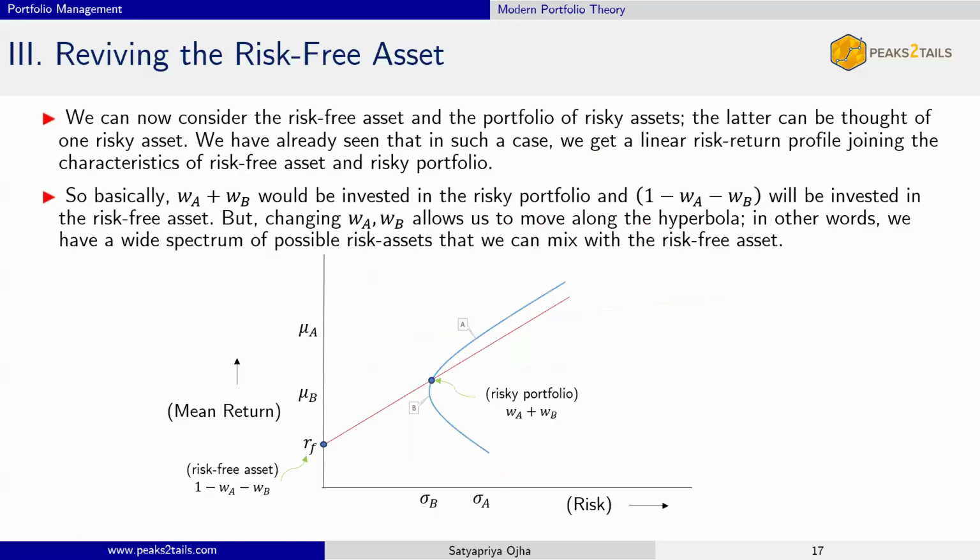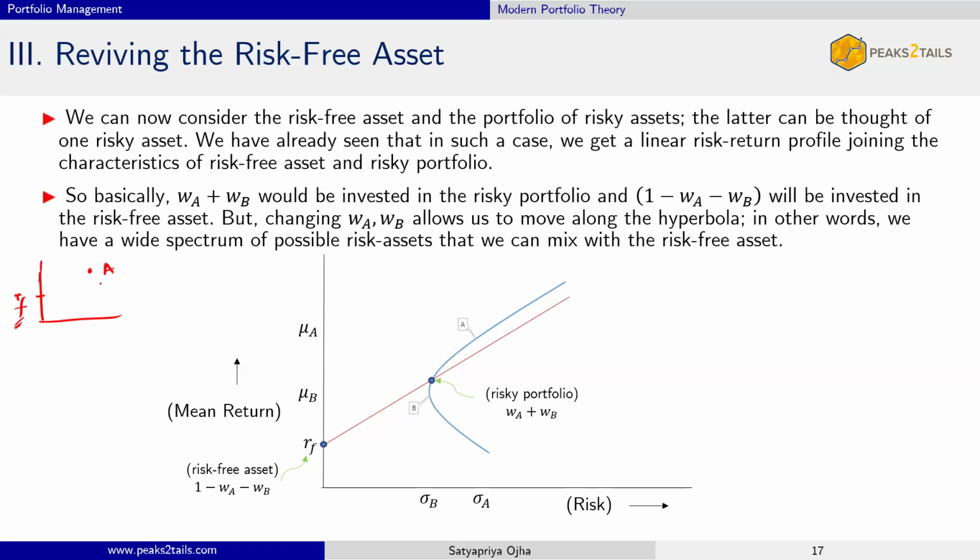We have not forgotten about the risk-free asset, right? So we had that earlier. Now let's bring it back. So now we have the two risky assets. On top of that, we also have access to that risk-free asset. So three securities. Now understand this. Remember the first use case where we had a risk-free asset and a risky asset A?